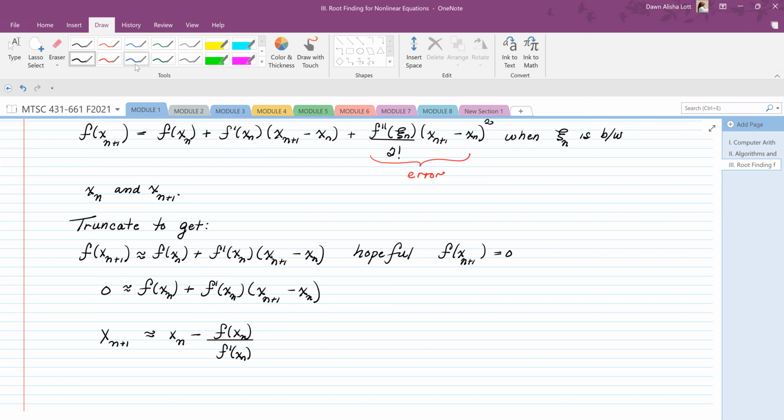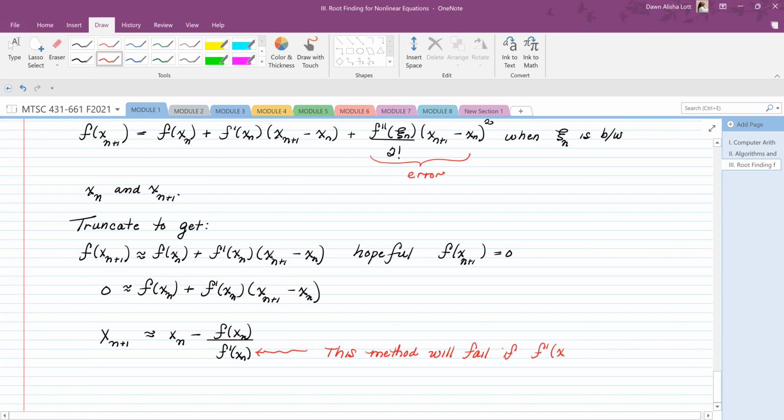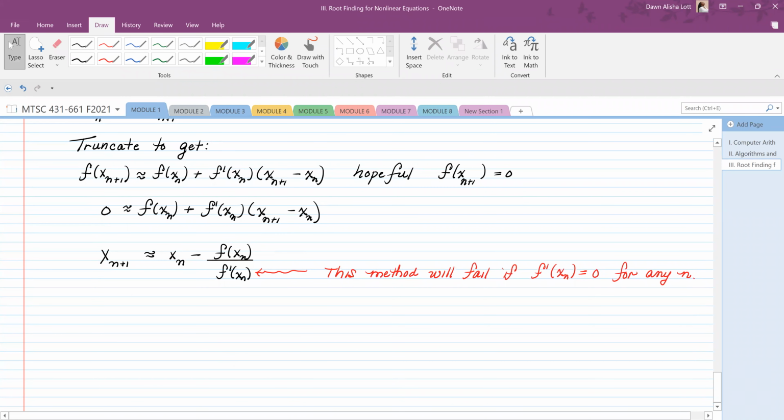But here's the problem. This method will fail if f prime of xn is equal to 0 for any n. So if you get an iterate and the derivative is equal to 0, you're done. It doesn't work.